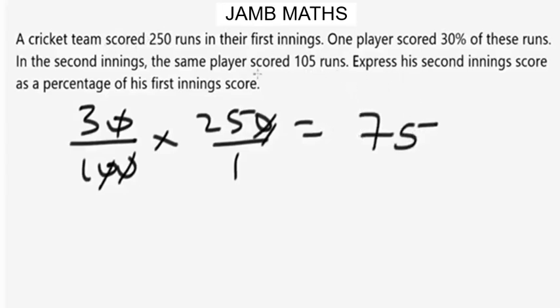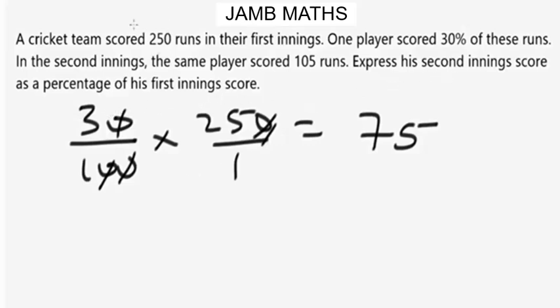Now the question went further and said, in the second innings, the same player scored 105 runs. Express his second innings score as a percentage of his first innings score. Very simple. Now that we have the runs in the first innings of that one player, we can go ahead and express his second innings score as a percentage of his first innings score.